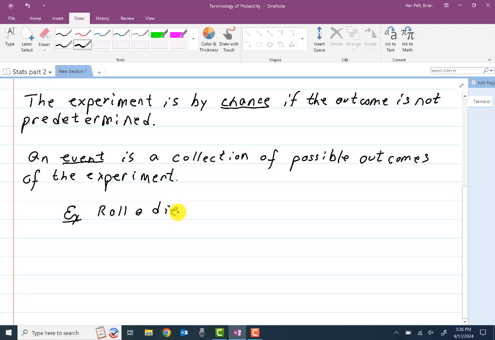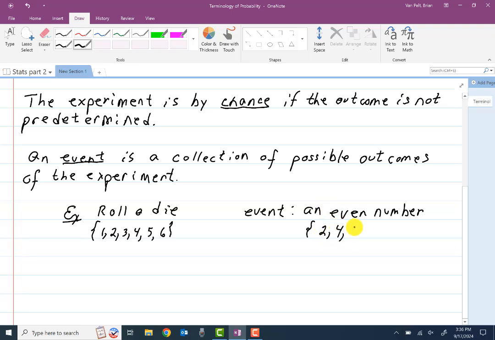So actually that's my experiment. And then the event could be an even number. So you see the event has the items in it 2, 4, and 6, while the original experiment has any number of these available to me. An event of only even numbers is 2, 4, and 6.